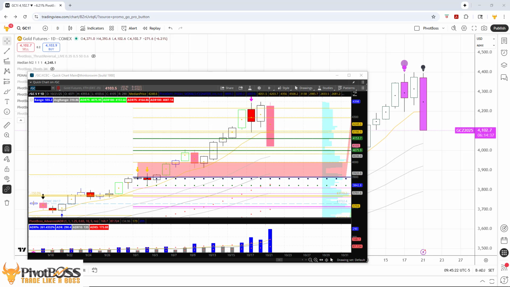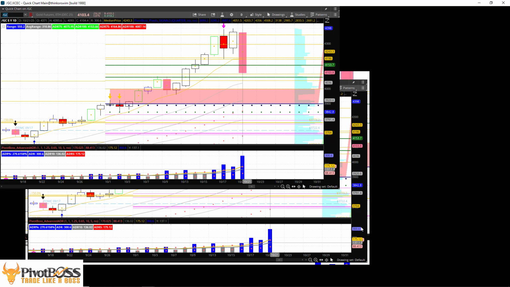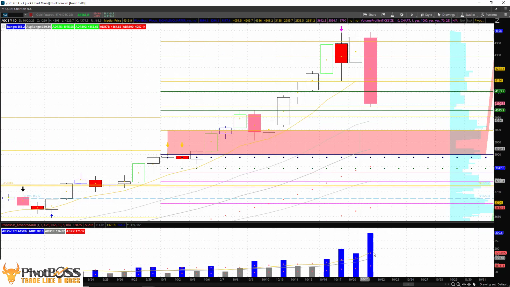It's a 285 point day, 290 and counting. This is 260% of ADR in an increased volatility market. This is 270% of ADR of a high volatility market, the highest ADRs probably ever that I've seen in gold.